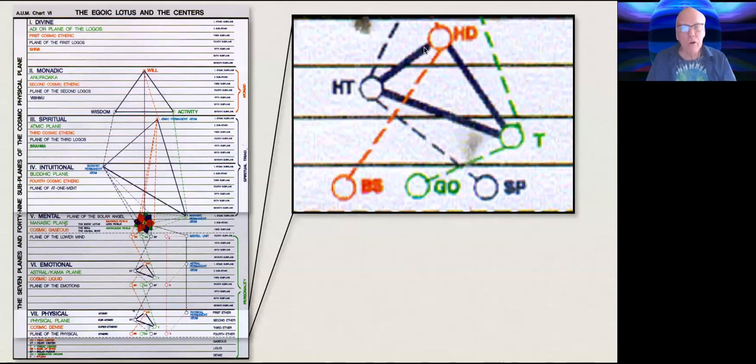What's the head center? Well, we could speculate that it's Uranus, given that Saturn is the throat and Venus is the heart. And you wonder, finally, at the end of the solar incarnation, would this not be Neptune rather than Venus? But Venus is the most evolved and the most connected to Sirius at this time.